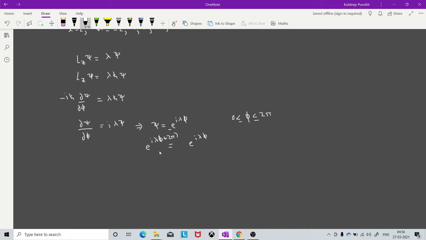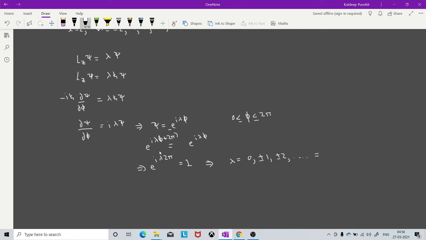This is only possible when e to the power i lambda 2 pi is equal to 1, and this is only possible when lambda is equal to either 0, plus or minus 1, plus or minus 2, and all those values. So these are similar to the values of m.